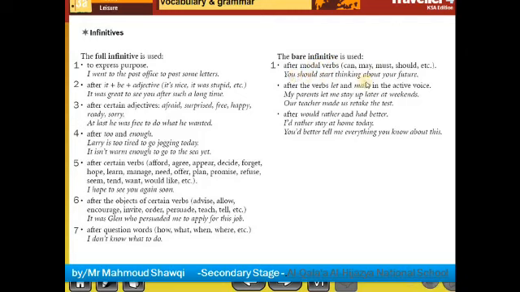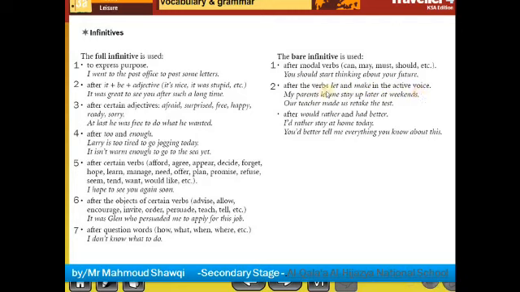You should start thinking about your future. I can swim. It may rain. After the modal verbs we use bare infinitive. Number 2. After the verbs let and make in the active voice.